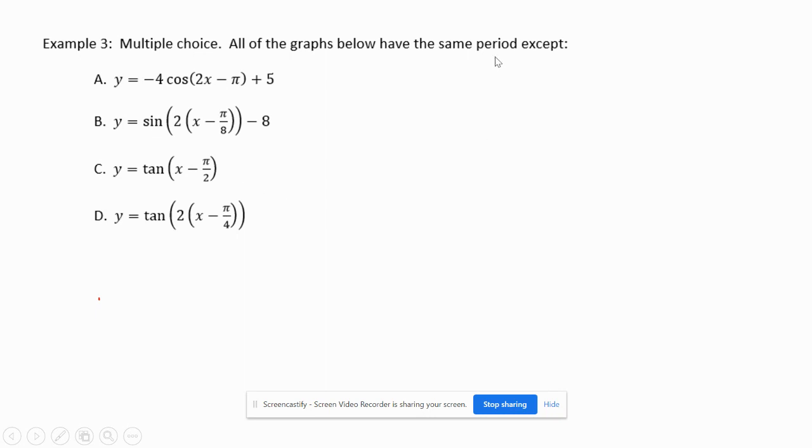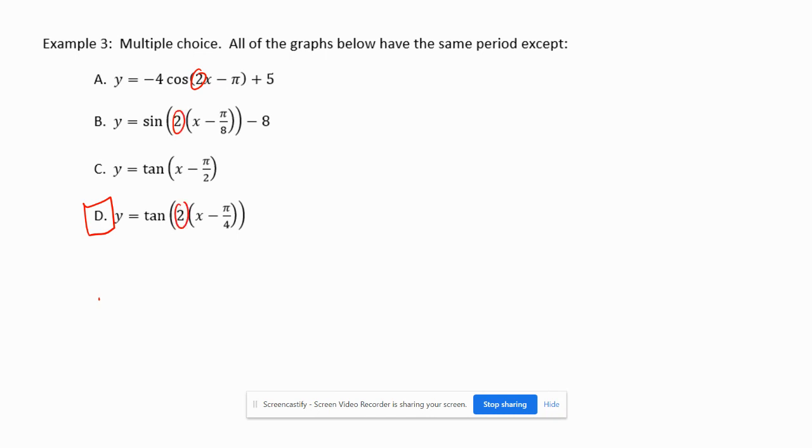All the following have the same period except, so over here. Now, the answer to this question, guys, is actually going to be D. Now, the reason is why I think C is a very tempting option, because if you see here, we have b values of 2 all the way over here.